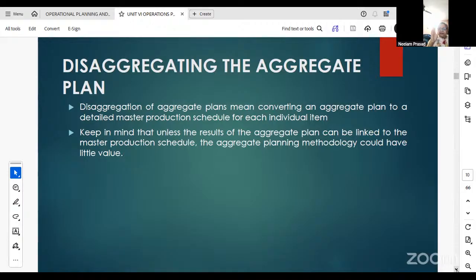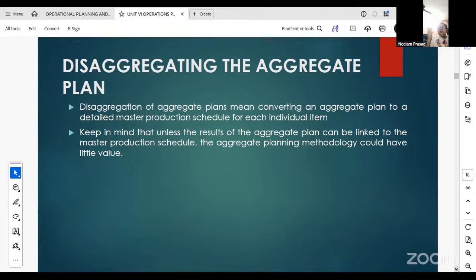I am just giving you an example from our daily life. That will be for 1 month. This is also about what the consumption of your house is, how many members are there in your house. So you know this from past data. Now the market is a different thing, so you also have to know what the market's reaction is, what they will be demanding. So you have to map both, then you will have to see. In a household it is mostly level. But in the actual market, for many things it can be level, but in many things there will be chase, because things will be fluctuating.